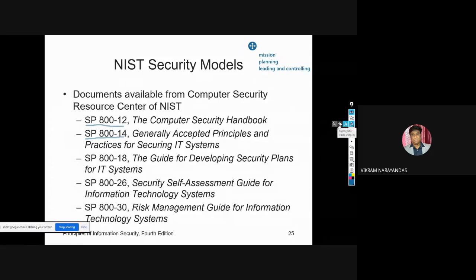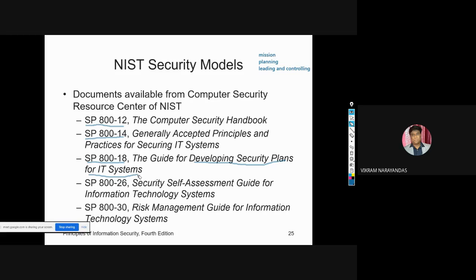Next one, Special Publication 800-18, a guide for developing security plans for IT systems, information technology systems.